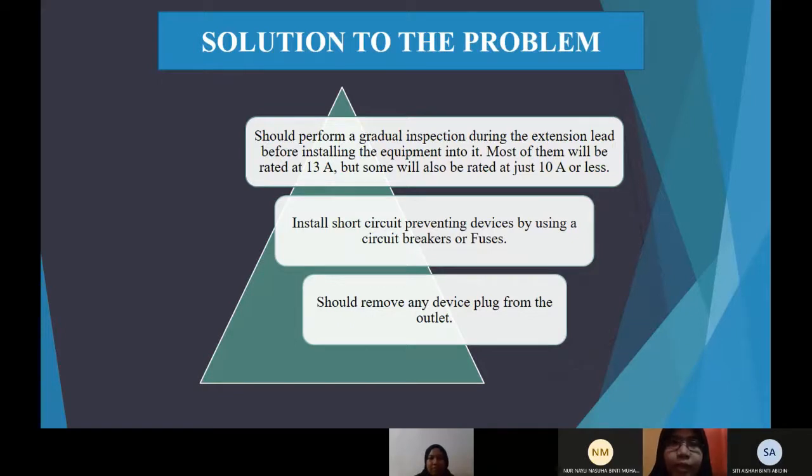Most of them will be rated at 13 ampere, but some will also be rated at just 10 ampere or less. Then install a circuit preventing device by using a circuit breaker. A circuit breaker is a switching system that interrupts an irregular current flow. Lastly, remove any device plug from the outlet, go to the casting box and turn off the power supply for the outlet. I pass to the next presenter.